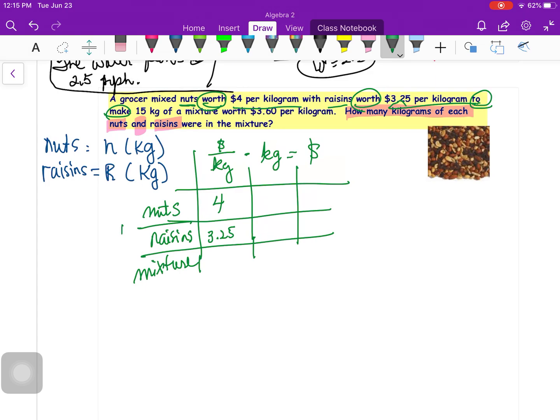So when I'm mixing things, I'm taking the first item plus the second item to get the mixture. So I have a mixture of 15 kilograms, so kilogram is the mixture, worth $3.60 per kilogram, 3.60.